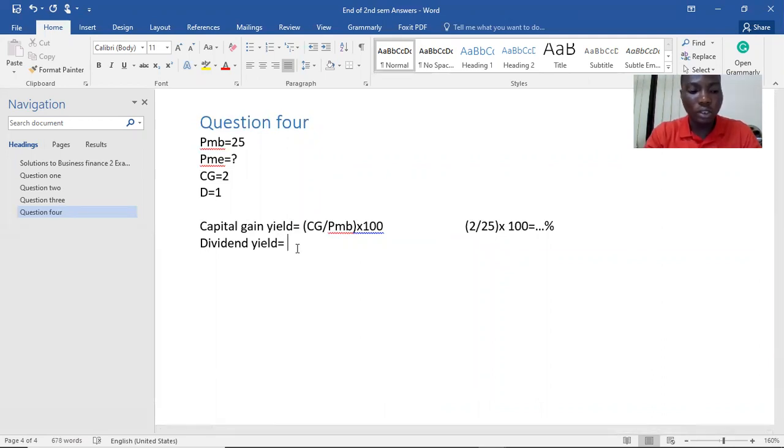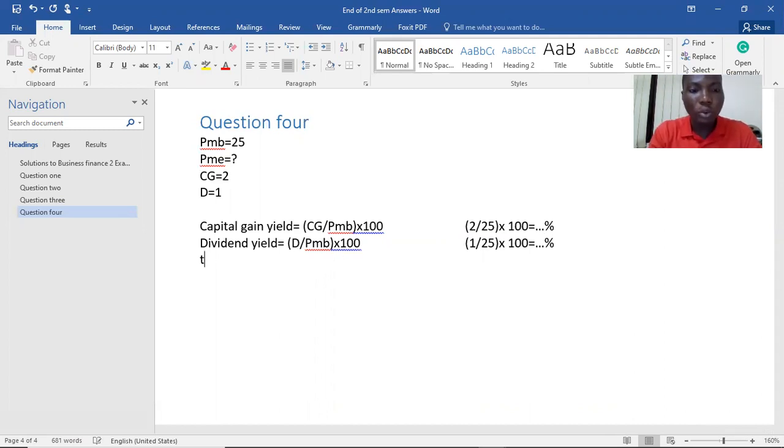And dividend yield is equal to your dividend divided by the price at the beginning, all multiplied by 100. So dividend given me is 1 divided by 25, all multiplied by 100. And whatever I'm going to get is also going to be in percentage.